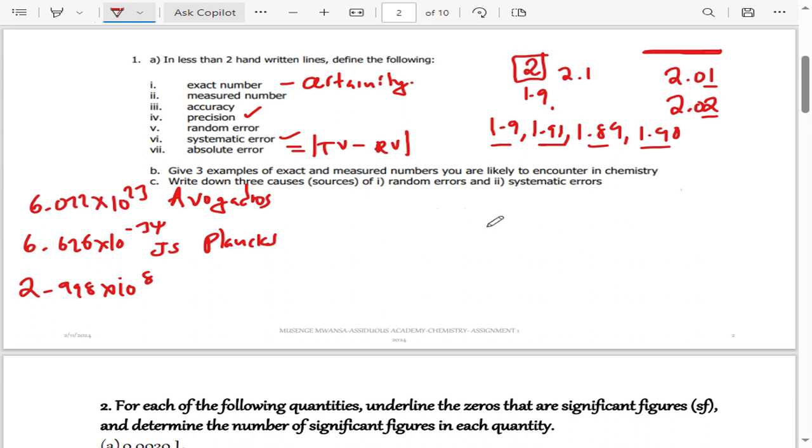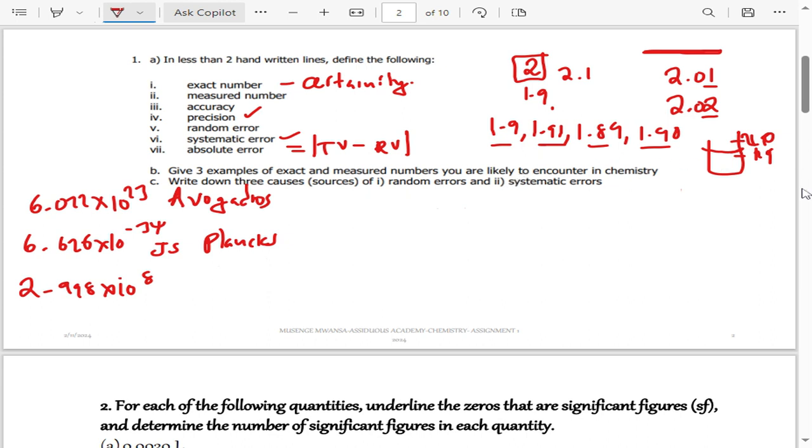For example, I gave an example of a cylinder. If it's reading 19 here, here it's reading 20, and then the reading ends here. Someone might say 20 on top and then 19 down. Someone might just say 19.5, but maybe the exact number is supposed to be 19.52. So that is the instrumental limitation.